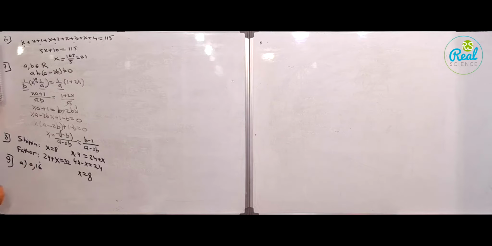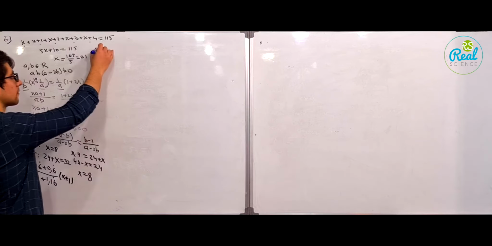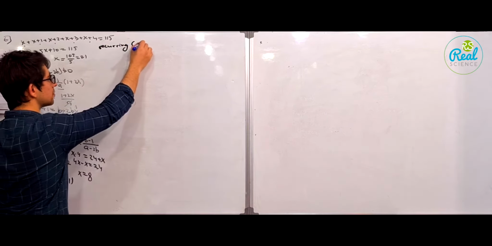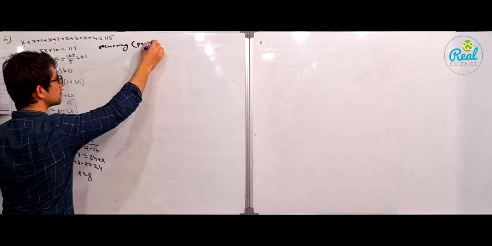0.16 recurring plus 0.6 recurring over 0.3 recurring plus 1.16 recurring equals x plus 1. Recurring means periodic.